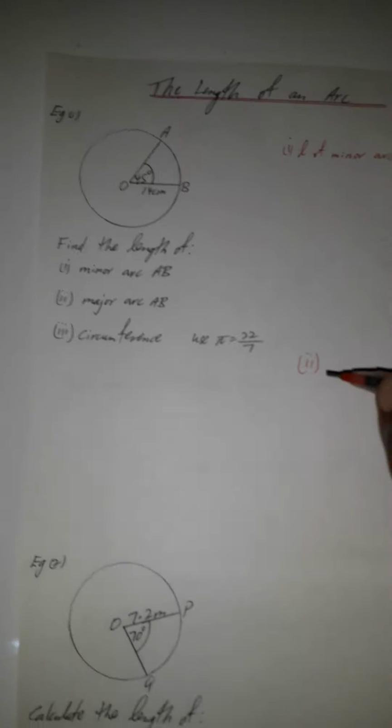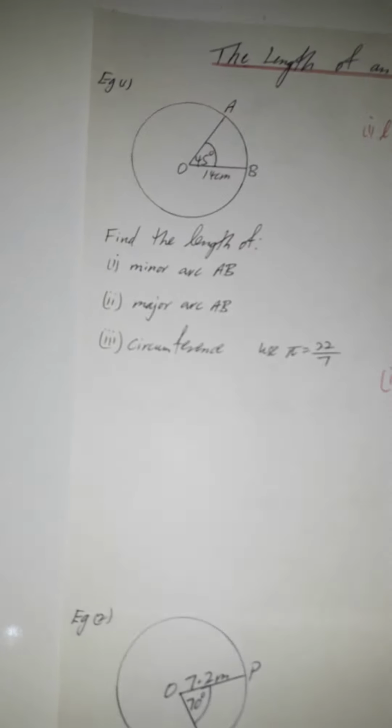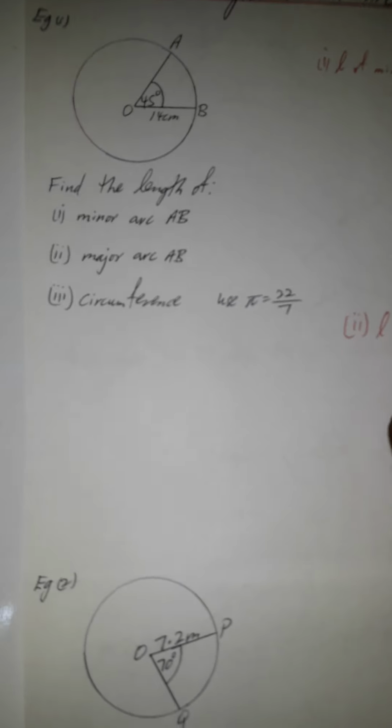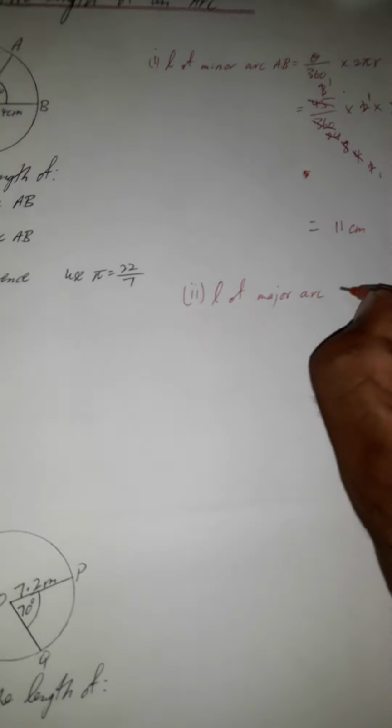Number 2, the major arc. So length of major arc will equal 360 minus theta over 360 times 2 pi r.